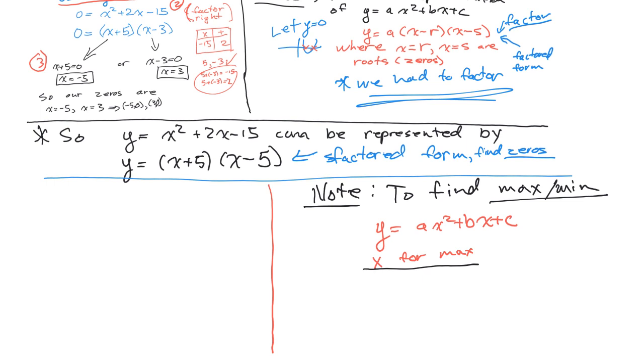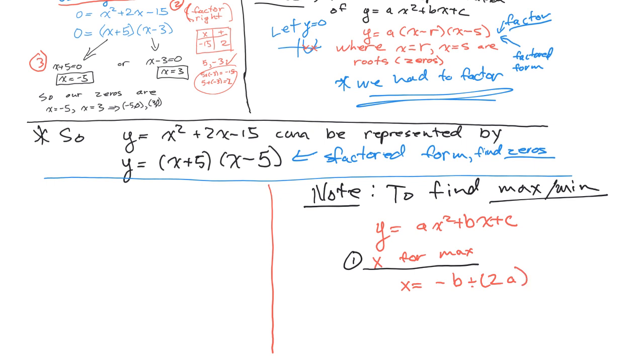You got to do this first. 1. Find the x value for the max. Are you ready? You go x is equal to negative b divided by bracket 2a. That's it.